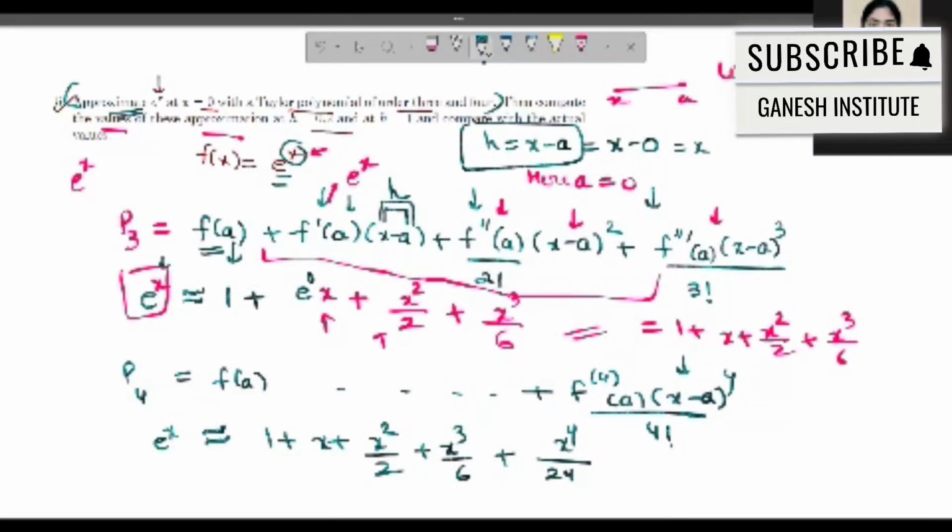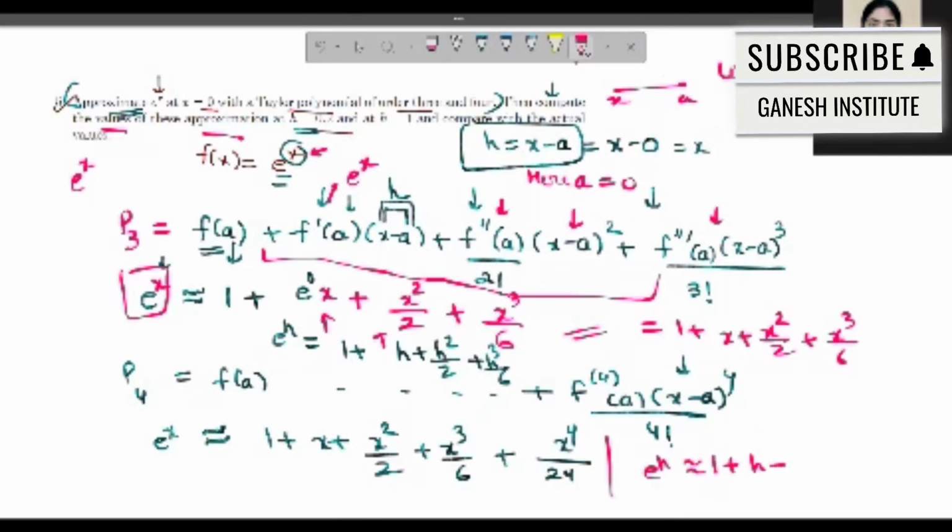Right. Now I need to compute it for h equal to 0.2 because they are asking for h. So you can change it into e raised to power h. Is this fine?